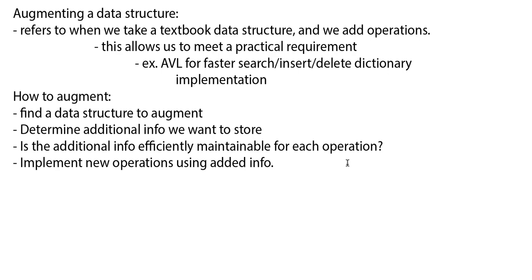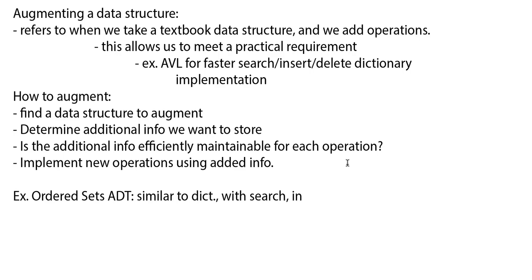And now we have an example, which is ordered sets. These are similar to dictionaries. They are an abstract data type, similar to a dictionary, with search, insert, and delete all being the same.